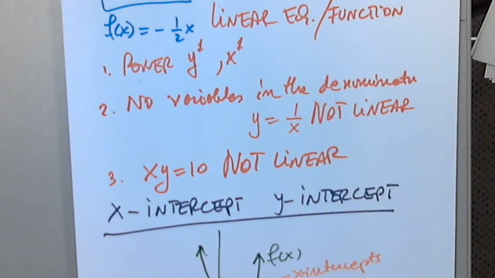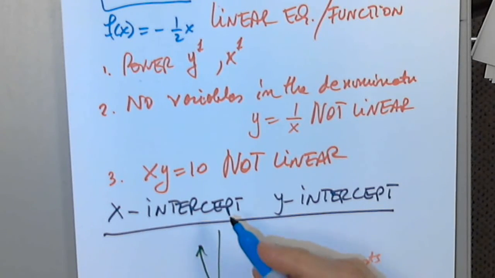Y. So what is the equation of the x-axis then? Y equals 0. Correct. Y equals 0 is the equation of the x-axis. Y equals 0 represents the x-axis.